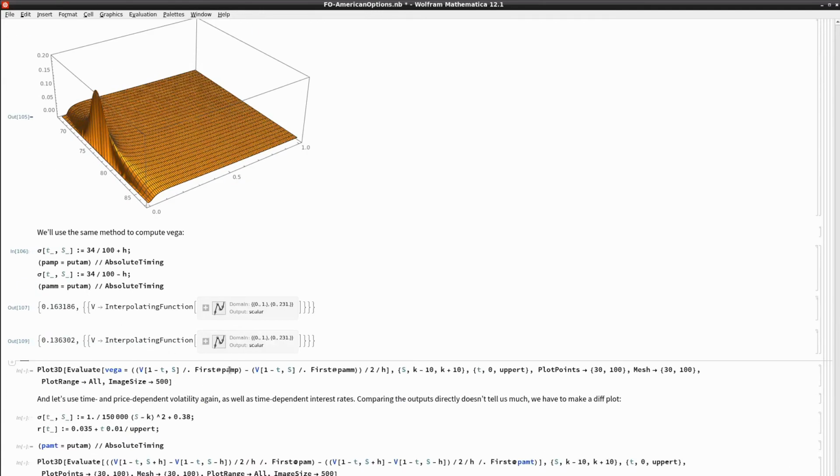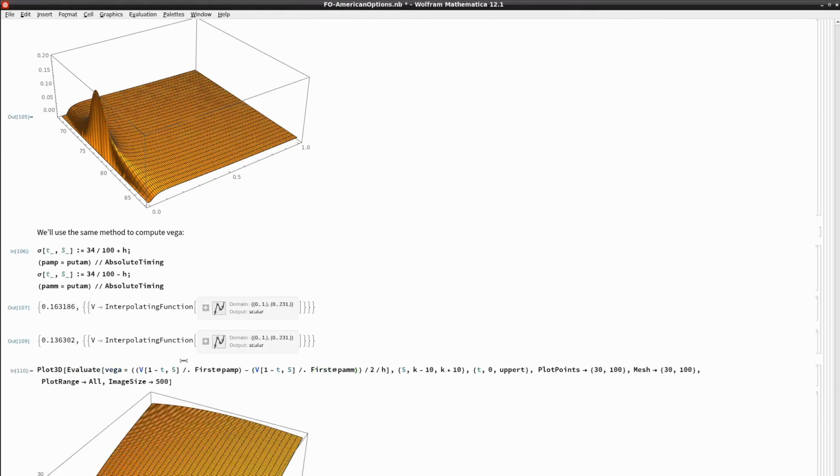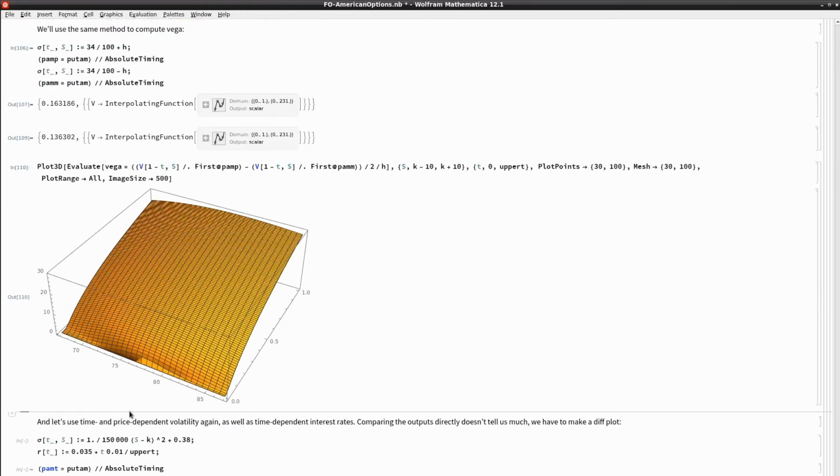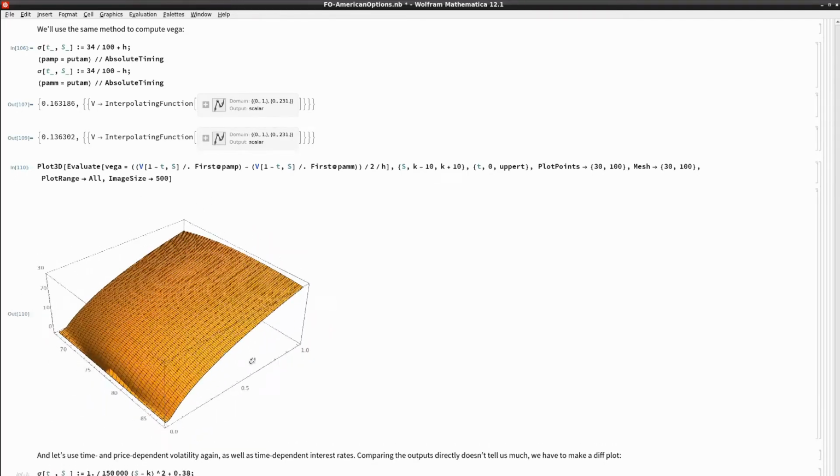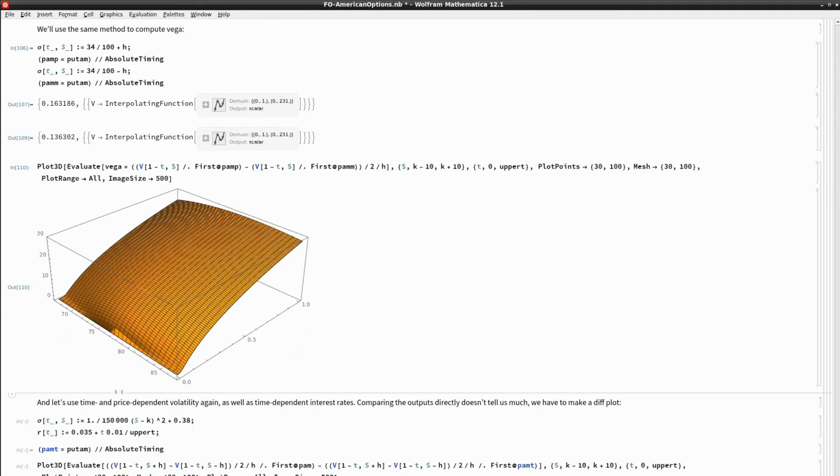Now we can use these two surfaces, that is put American option plus and put American option minus. That's why I called them PAMP and PAM minus. And when we plot this, we're now getting the vega surface. You will recognize this looks again similar to the European case from previous sessions. This is what our vega looks like. Pretty smooth, I would say, and this is a typical vega shape that we have. Again, done with the simple secant rule.